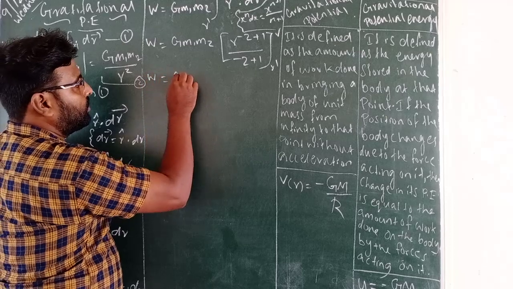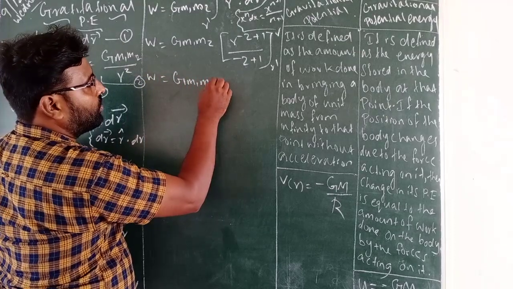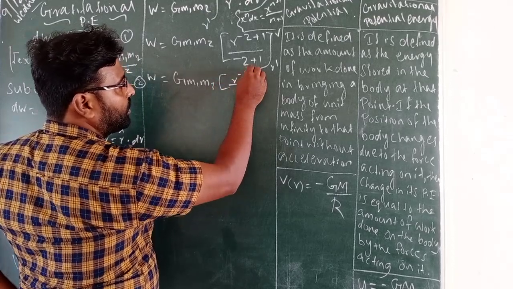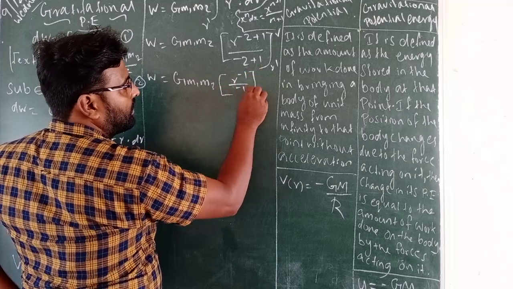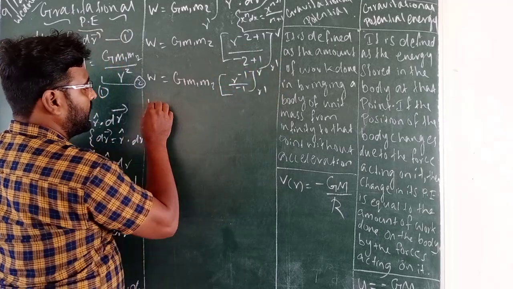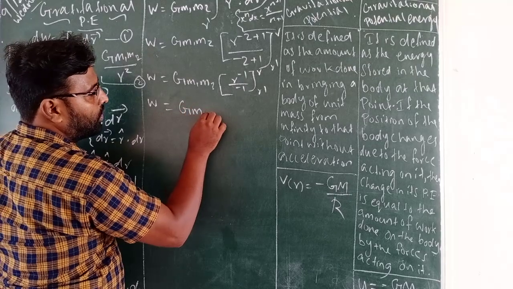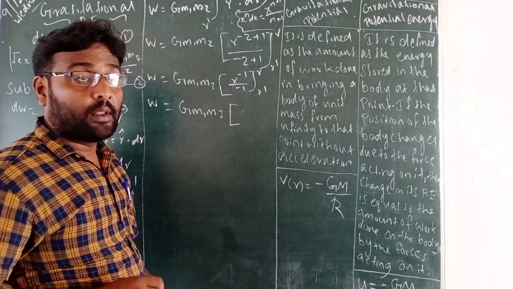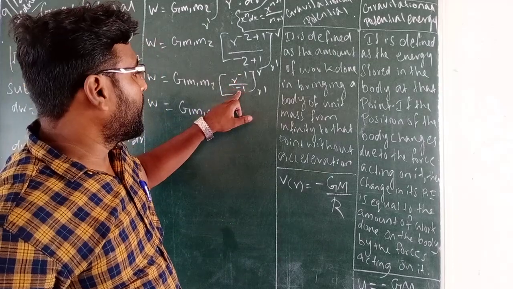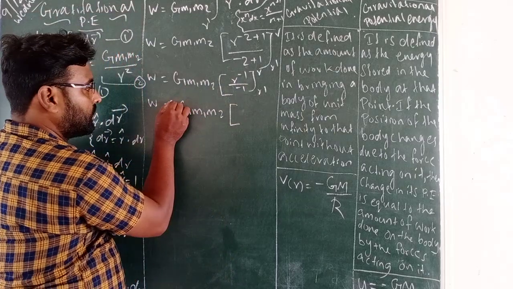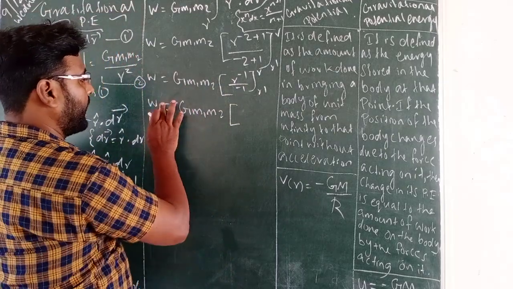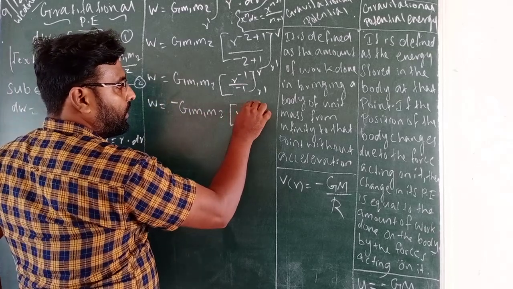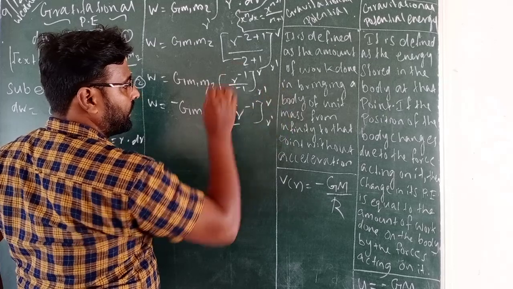So W equal to G M1 M2 R power minus 1 divided by minus 1, R dash to R. Next step, W is equal to G M1 M2. Now here R power minus 1, here minus 1. Take this minus 1 outside. So minus 1 we are taking, minus will come here. So minus G M1 M2 by R power minus 1, R dash to R.